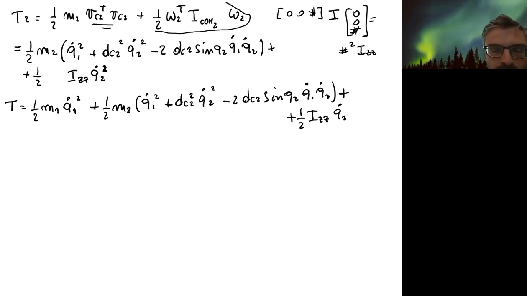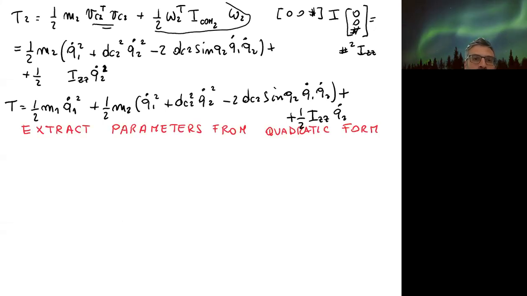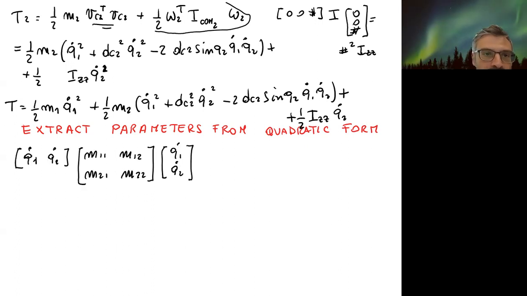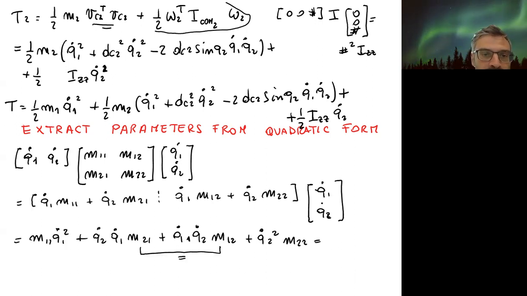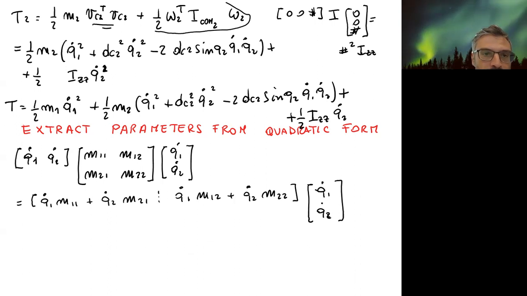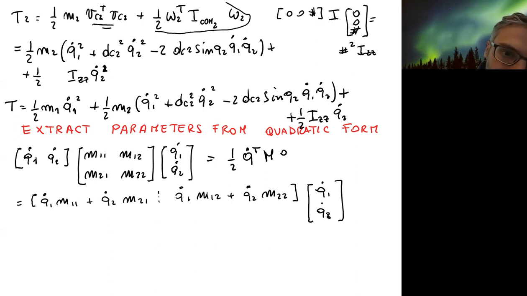Okay, now we see that we can compute the inertia matrix from the kinetic energy, in several ways. One way is to extract the parameters from the quadratic form of the kinetic energy. So if we look at the kinetic energy quadratic form, the kinetic energy is 1/2 Q dot transpose M Q dot, where M is the mass matrix.